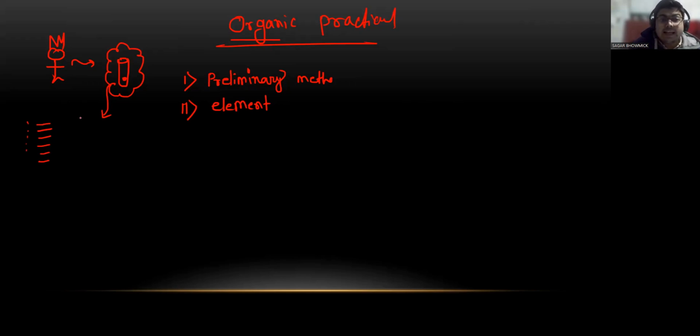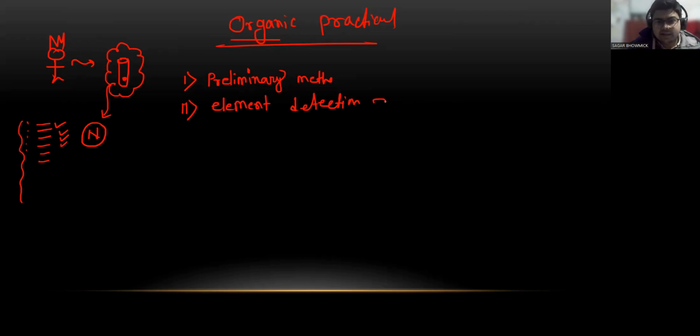Suppose in the element detection method you find that the sample contains nitrogen. Then you will perform only those tests where nitrogen is present, isn't it? So amino, nitro, diazo, this kind of tests you will perform. So your job is very easy, and you don't have to go through all of these tests.